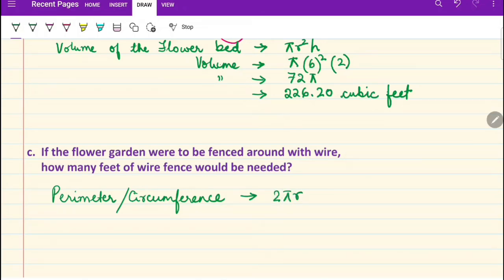So now that we know the formula, all we need to do is plug in the appropriate values for the variables. Recall that pi is a constant value. It is not a variable. Pi is a constant value, but r is the variable here which we need to fill in with a value.